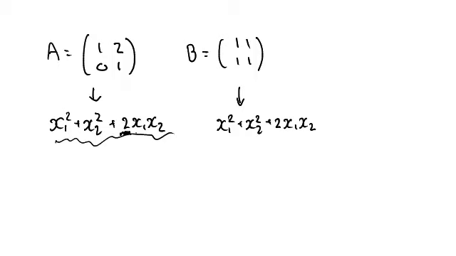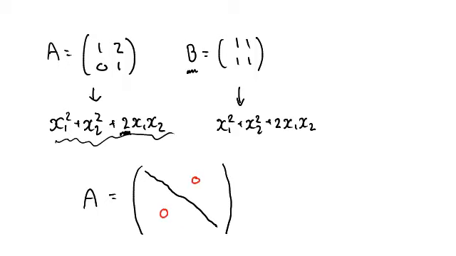So the preferred matrix representation of this quadratic form is B, not A. In general, if I have an arbitrary matrix where the diagonal elements are the coefficients in front of the square and the cross product in front of xi times xj is the sum of these two terms, where the upper one is in row i, column j, and the lower one is in row j, column i. So what we do is we put half of the coefficient in this one and half in this one, making these two equal.